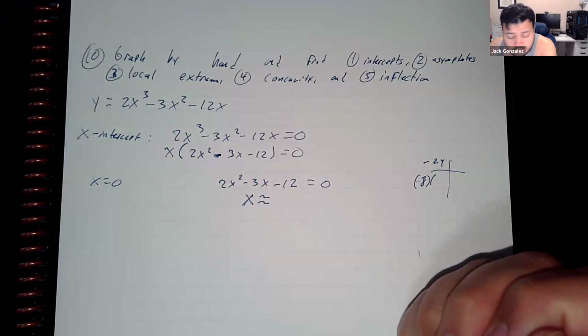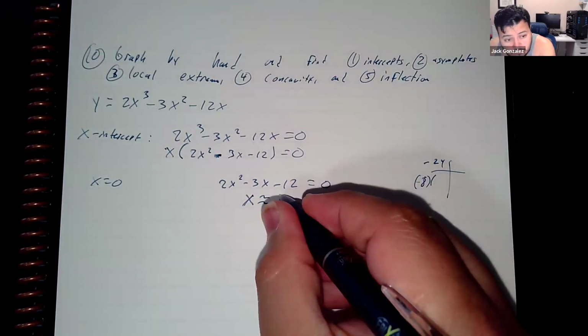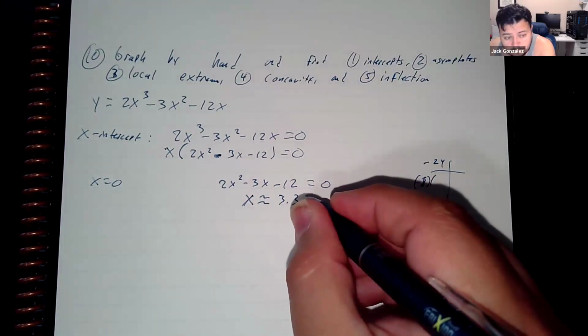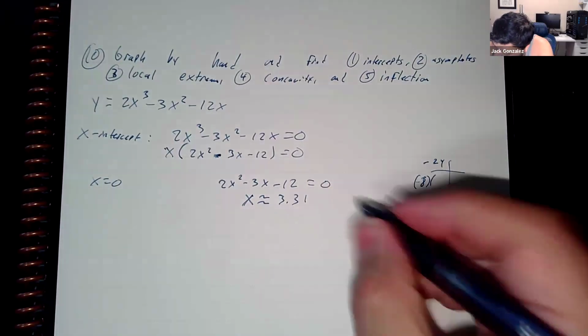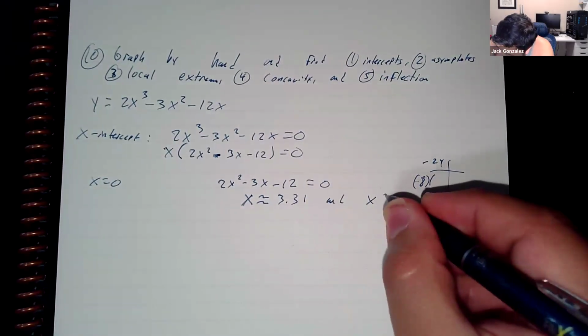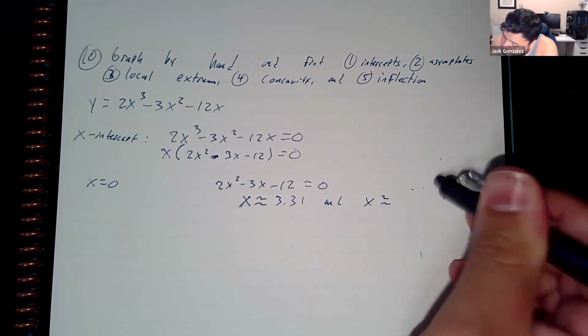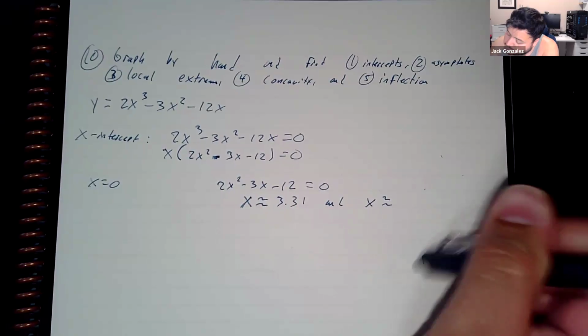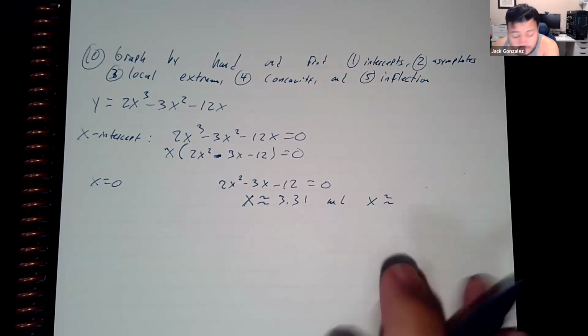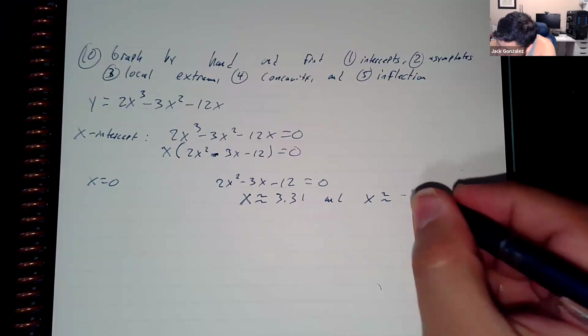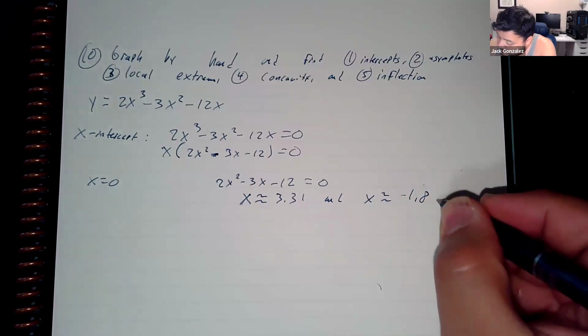So x will be approximately 3.31, and x would be approximately, when you do your quadratic formula and plug it into your calculator, you'll get negative 1.81.